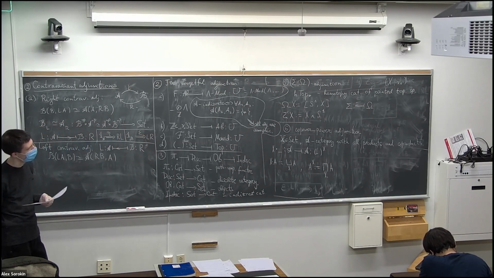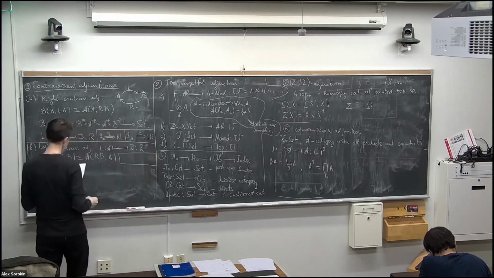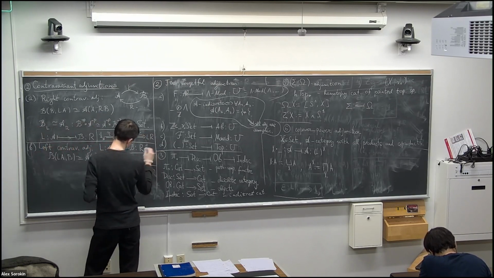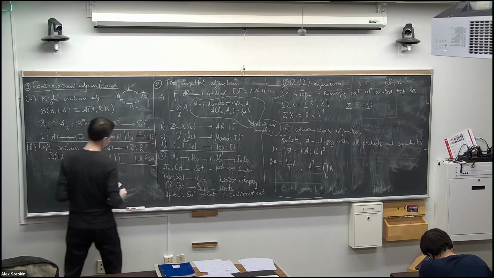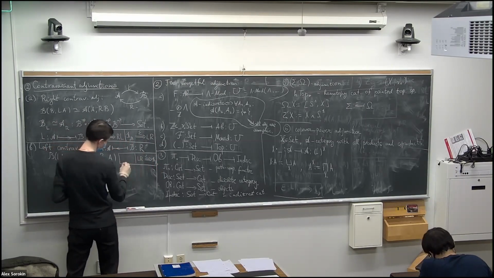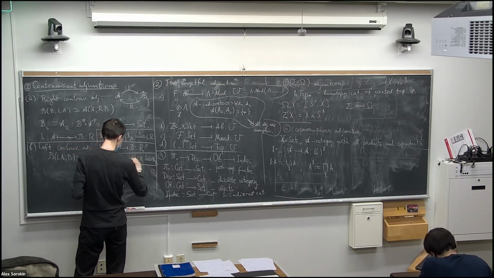I don't want to write this down now, no time. In the left case, the situation is opposite. So we have from LR to 1 sub epsilon, a co-unit, it's the same, and the unit going from 1 sub A.